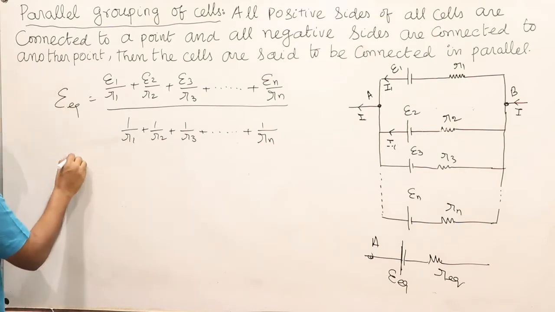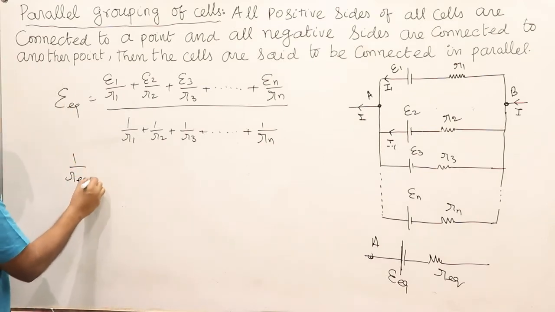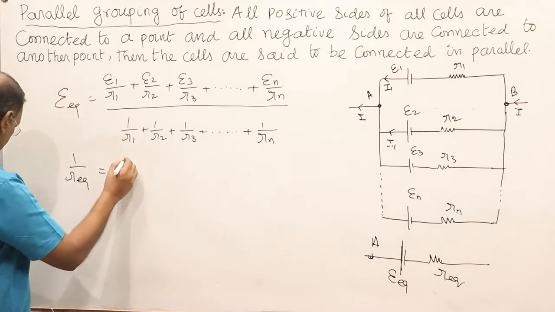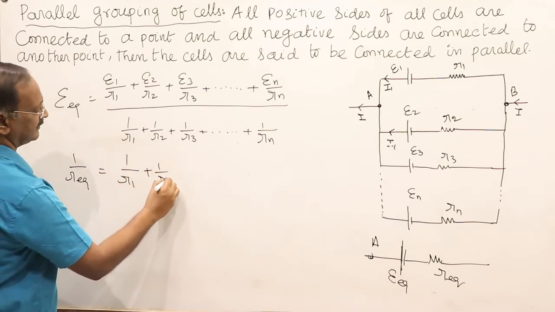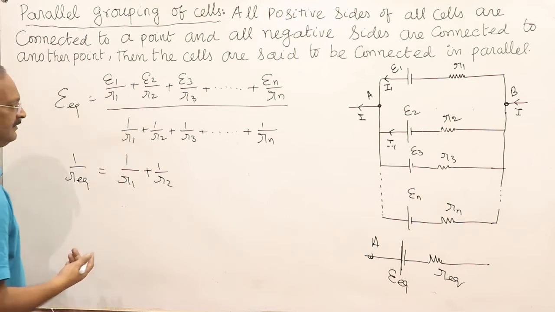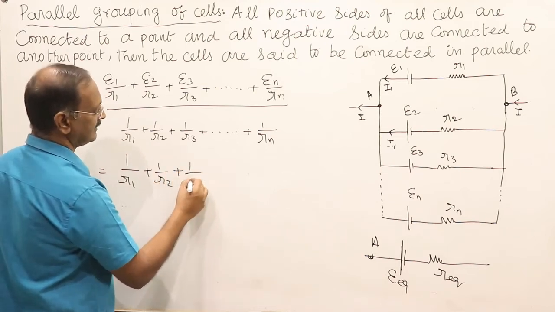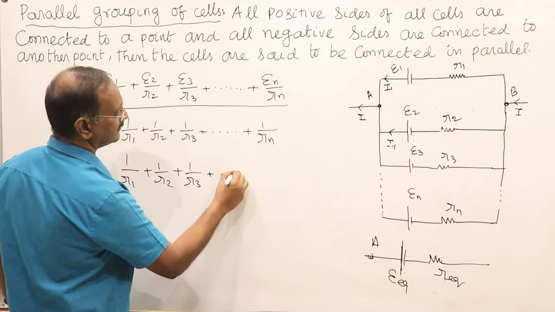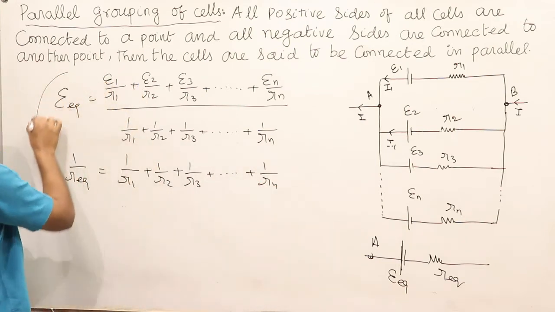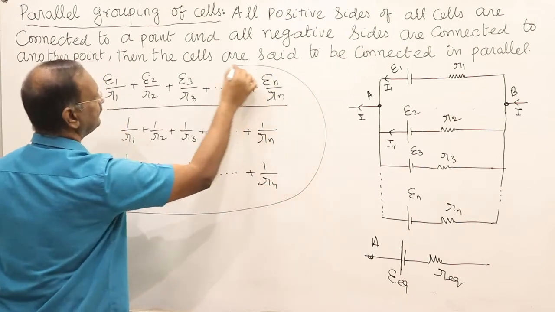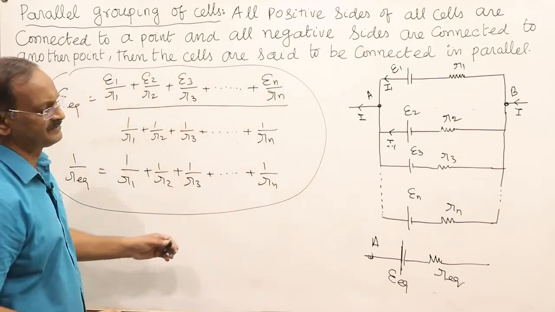So 1 by R equivalent for two resistors is equal to 1 by R1 plus 1 by R2. If we extend it for n internal resistances, it is plus up to 1 by Rn.